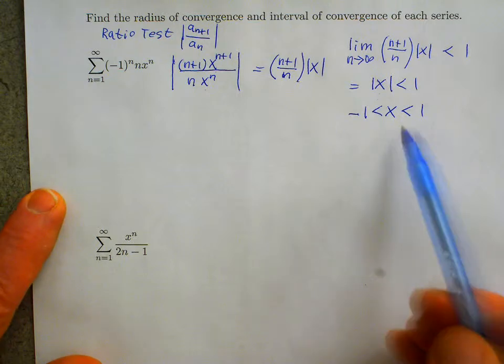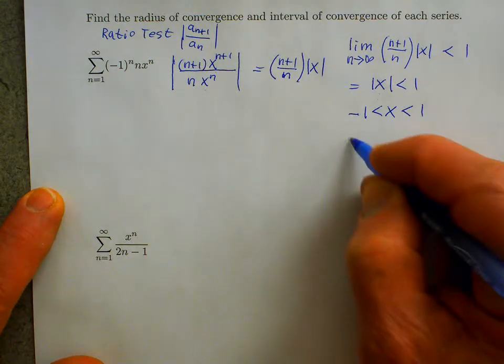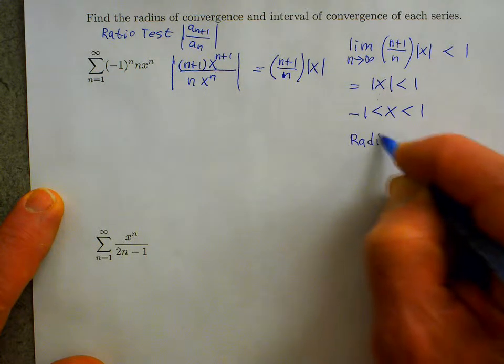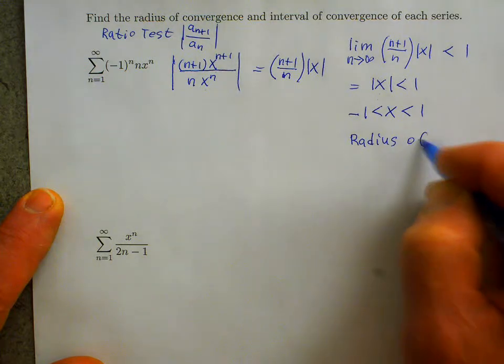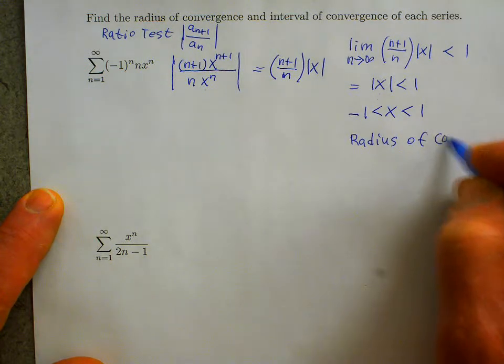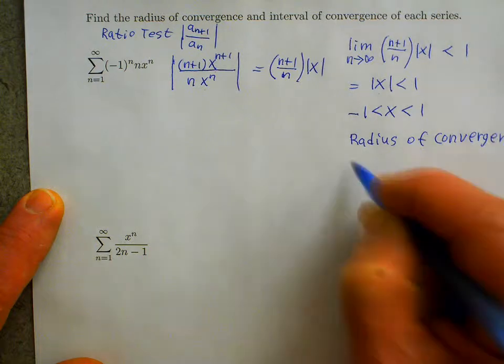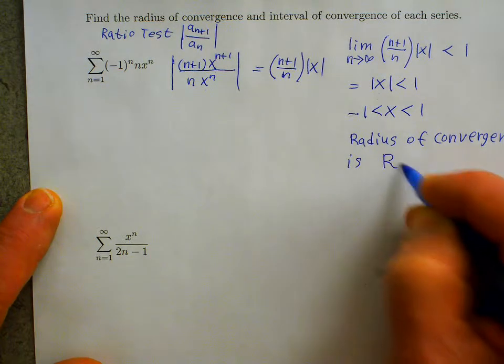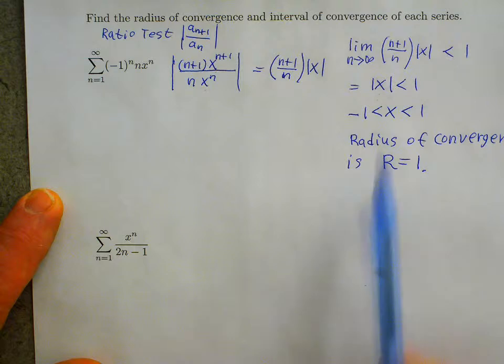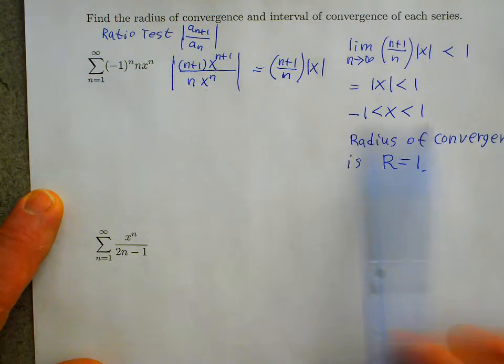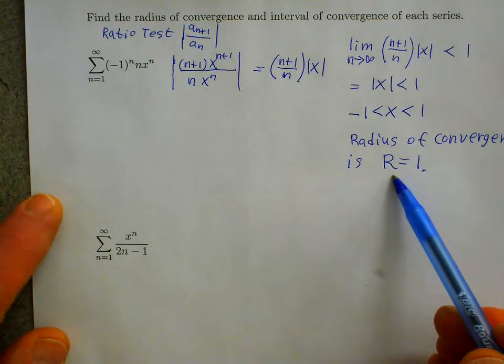Okay, so the radius of convergence is just 1. The length of the interval is 2, so the radius of convergence is half of that.